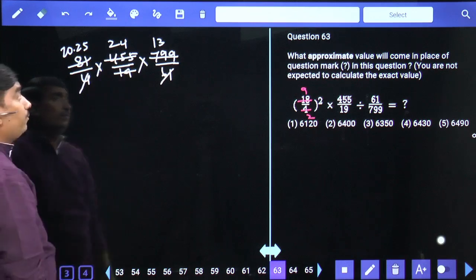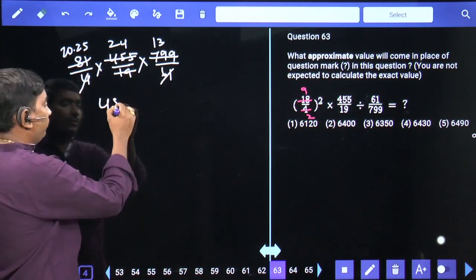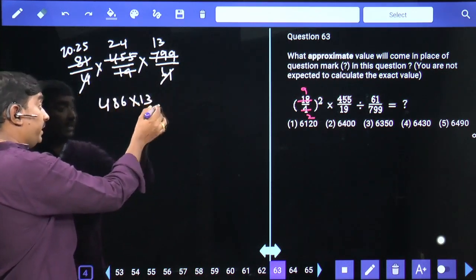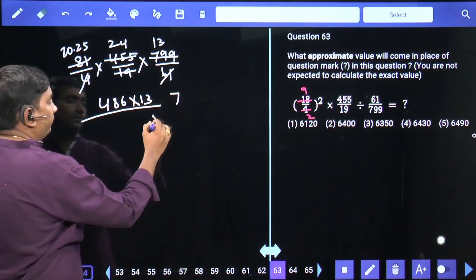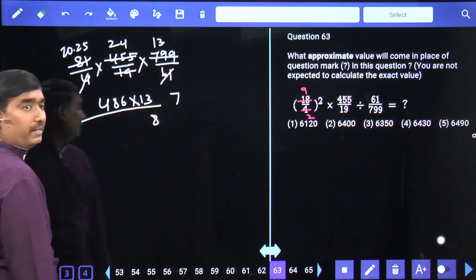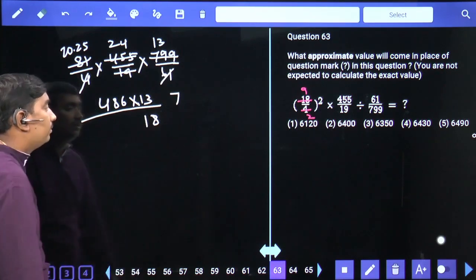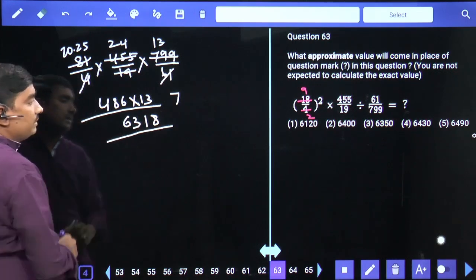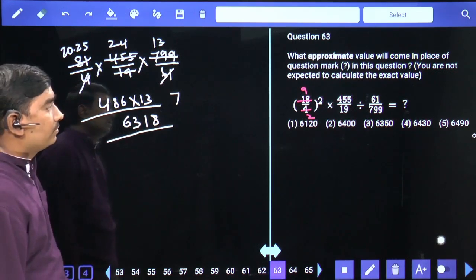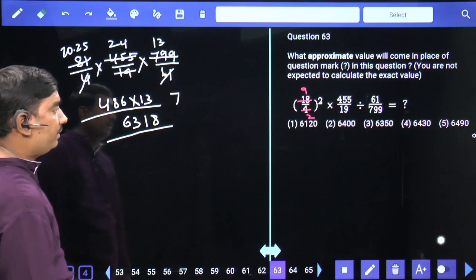So 1/4 of 24 is 6. 486 into 13, more than 13 times. 7 8s are 104 plus 7, 111, 52 plus 11, 63, 6318. So more than 6318 means approximately 6350.